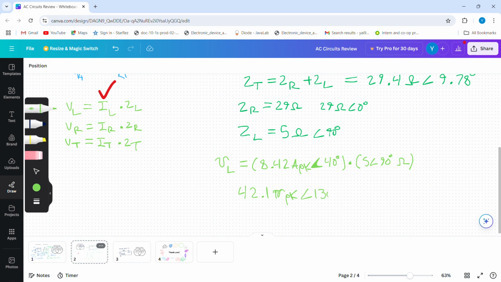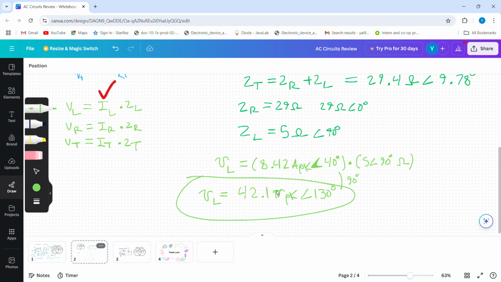130 degrees. Before I move on, I'm going to do one quick check. If this is my final answer, something I realize is, if my current is 40 degrees and my voltage at my inductor is 130 degrees, I have a positive 90 degrees shift between those two.